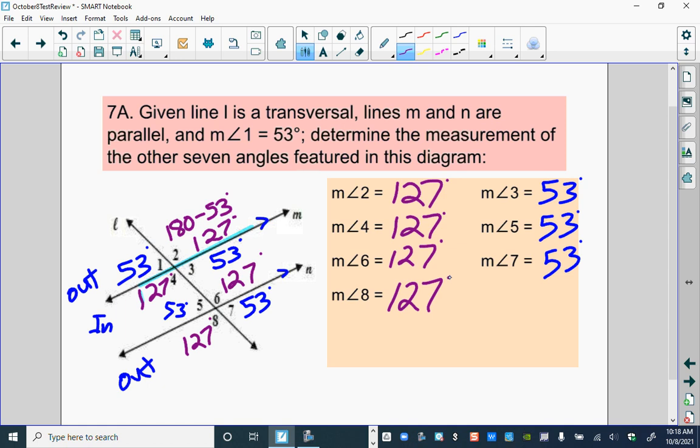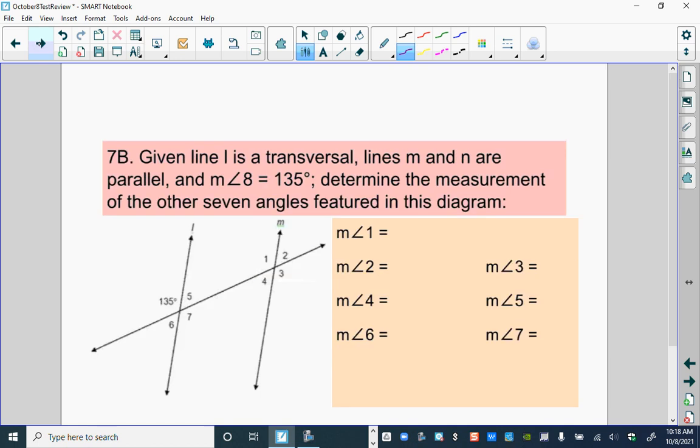Now, 7B, you're going to work on your own. You try on your own. So, this one we're not going to deal with now. But whatever you did for 7A, you're going to do the same thing for 7B. So, we'll do this one next time.